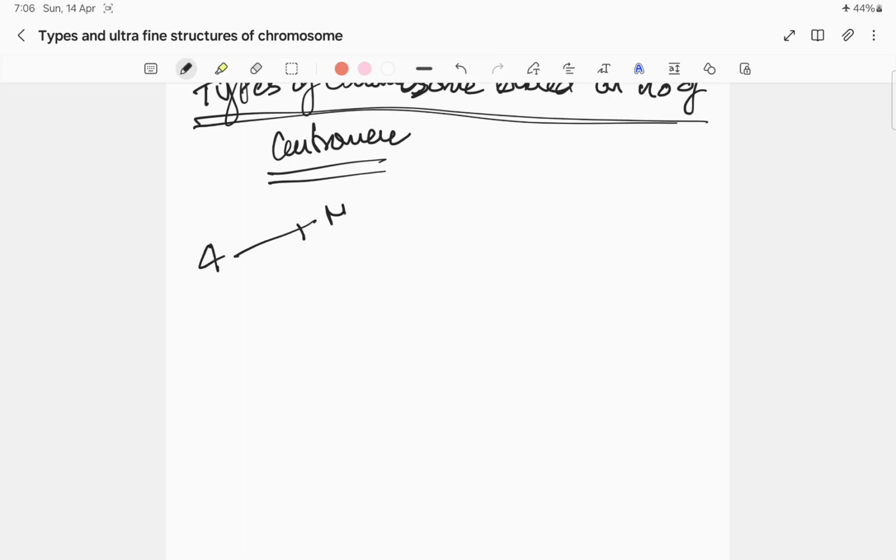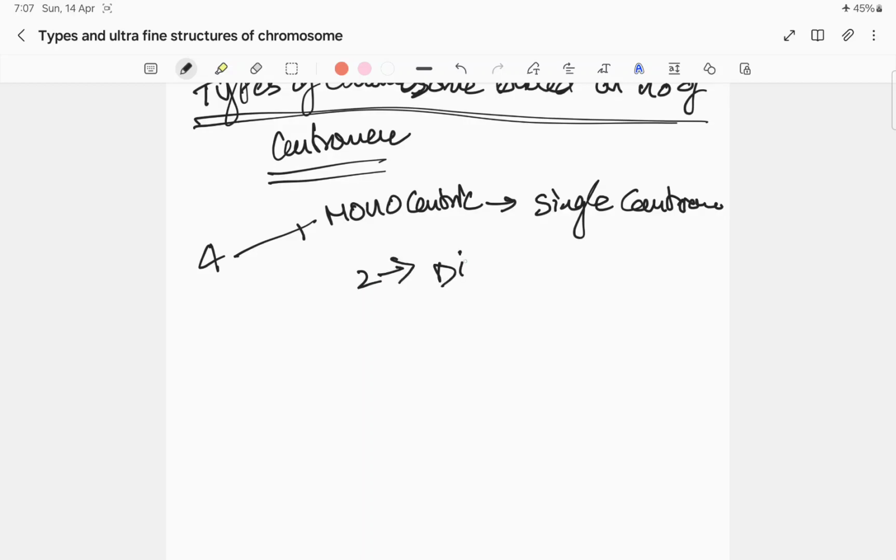First one is monocentric. If only a single centromere is present, then it is said to be monocentric. If two centromeres are present, then it is said to be dicentric. If more than two centromeres are observed, then it is said to be polycentric.